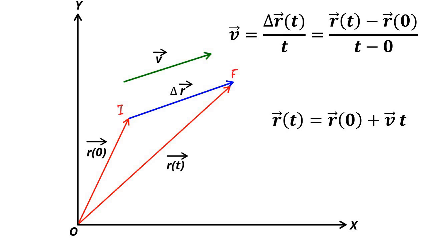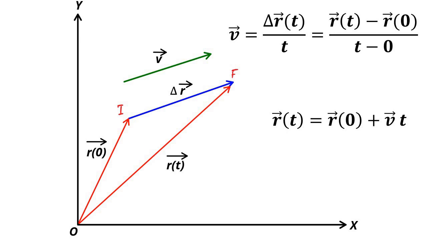We know velocity vector will always be in the same direction, that is parallel to the displacement vector. So V vector is equal to change in position or displacement by time taken. So it is delta R vector by t. Delta R vector is nothing but final minus initial position.